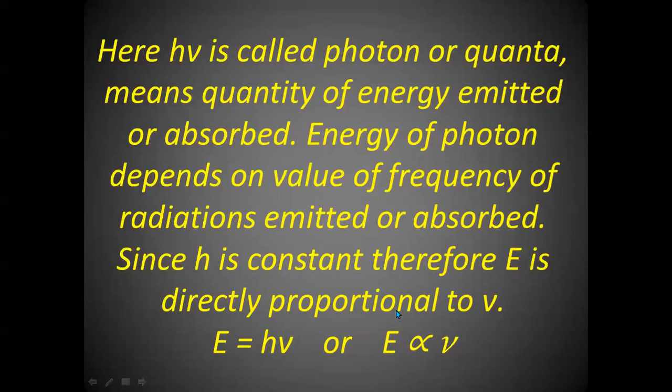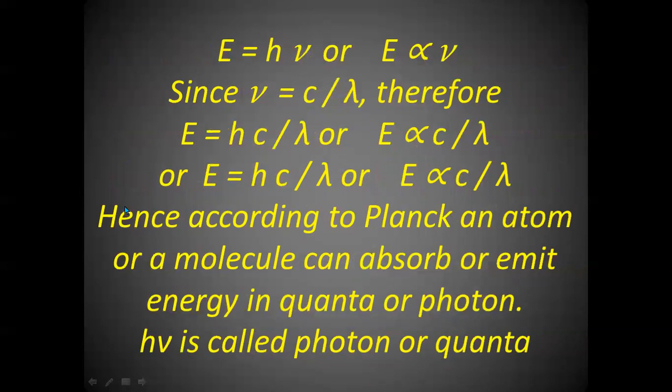In the case of lambda, it was inverse proportionality. Therefore, I said that energy increases as wavelength decreases. Here it is not the case. Here energy increases as frequency increases and energy decreases as frequency decreases. So for higher energy, frequency will be more.